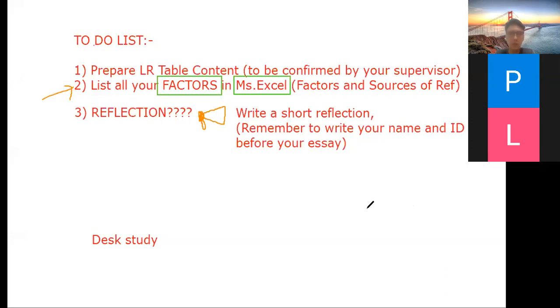So write whatever you learned today and put it there for your submission. So whatever we learn from chapter 1 until today's lecture? No, for today's lecture only. Only for today's lecture. Okay, for today's lecture.